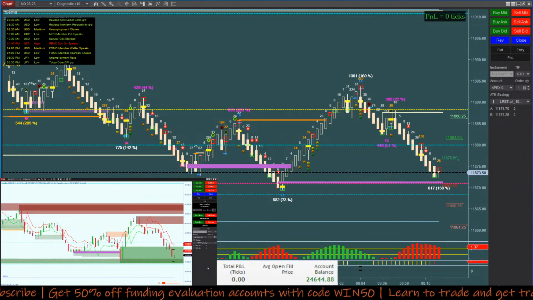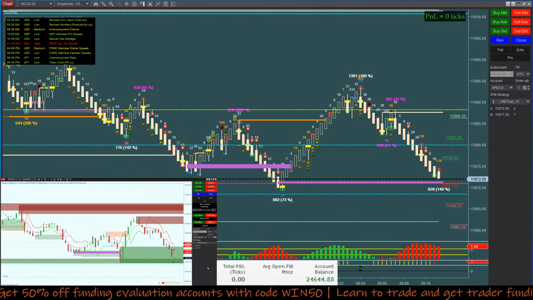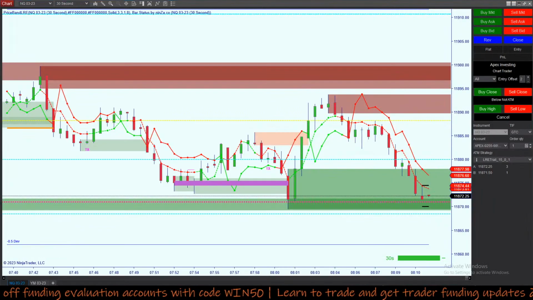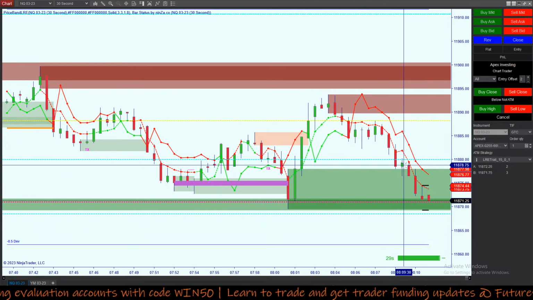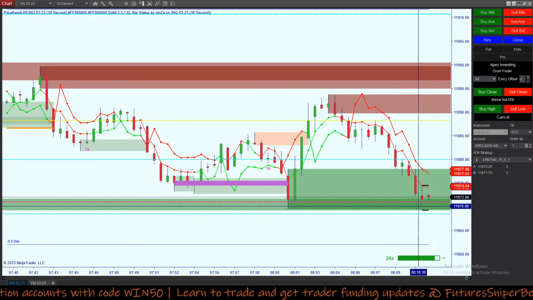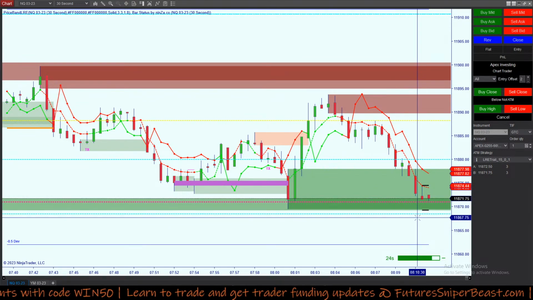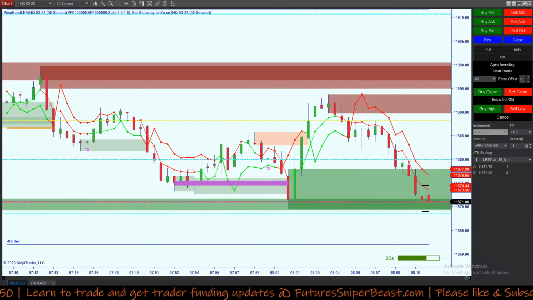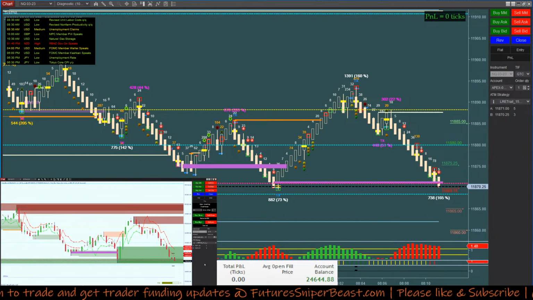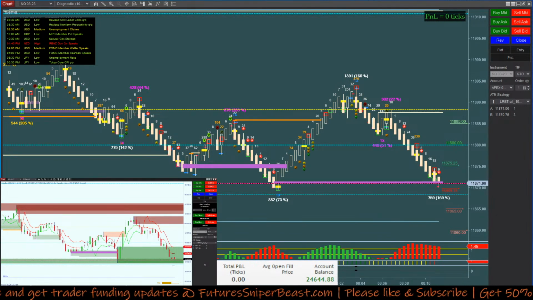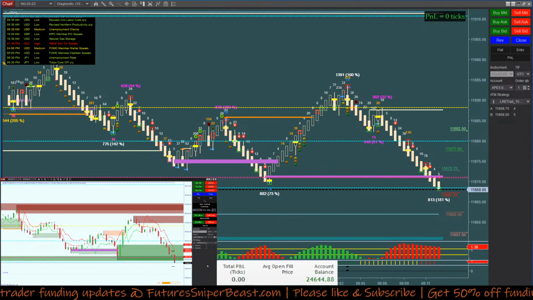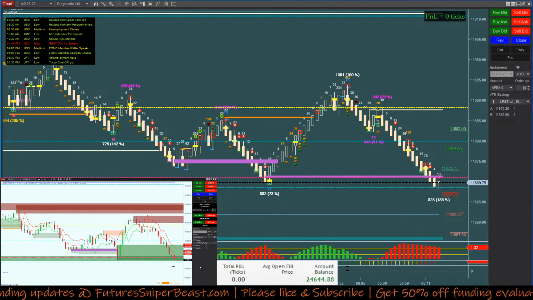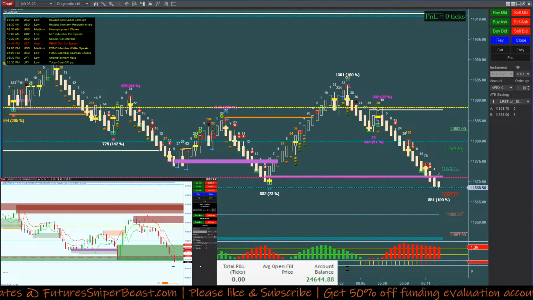All right, let's see what we have going on. Do have a simplicity short here. Let's see if it breaks this flux level. We have the -5 deviation below. Breaks this flux level, I may be looking for a pullback to go to that deviation.